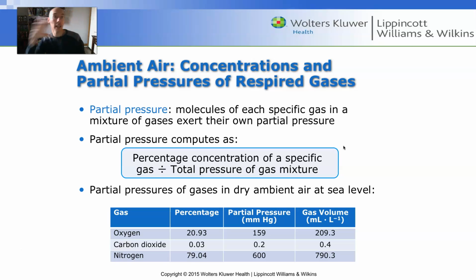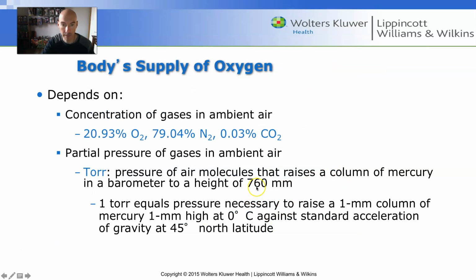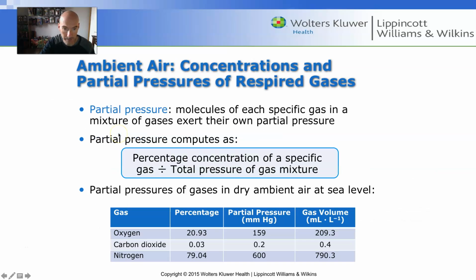Now, if we just took out oxygen, the pressure of oxygen alone is 159 millimeters of mercury, right? So if we go back, atmospheric pressure, 760, and that's all three of these gases together. If we just took out the oxygen, 20.93% of that 760 would be 159, okay?